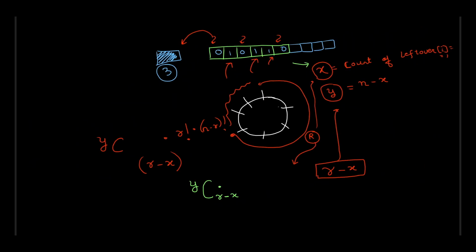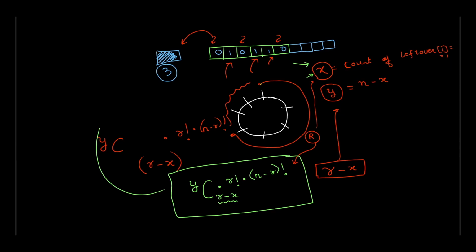And then once you have arranged R people by taking x from here and picking the remaining from the other parts of this array, you permute them amongst themselves in R factorial ways. And for the remainder of people, you can also permute them in n minus R factorial ways. So this is the total number of permutations that can satisfy the constraint and still make sure that all the boxes are empty after the game has finished.